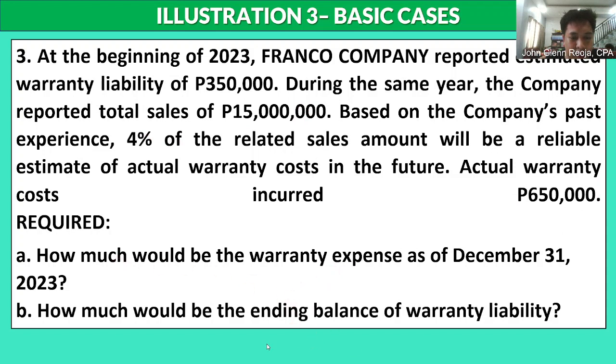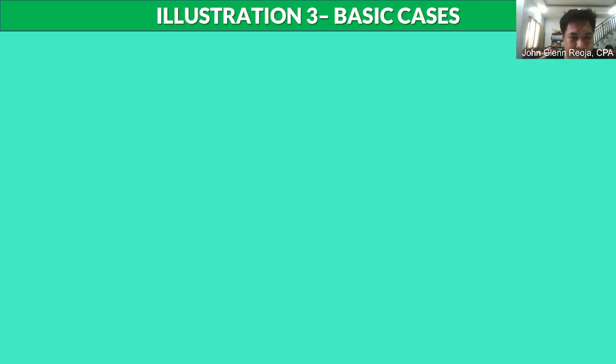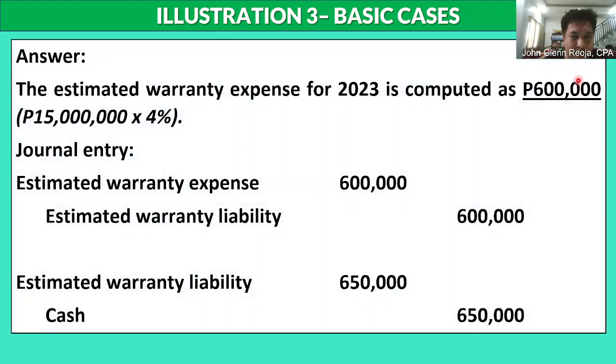So, how much will be the warranty expense? Let's focus on the first question. That is 15 million times 4%. How much is that? That is 600,000. Journal entry: we debit estimated warranty expense, 600,000. Then we credit estimated warranty liability by 600,000.